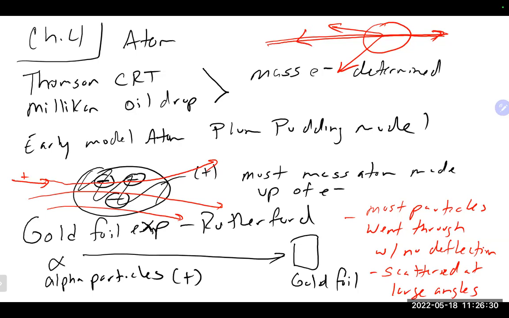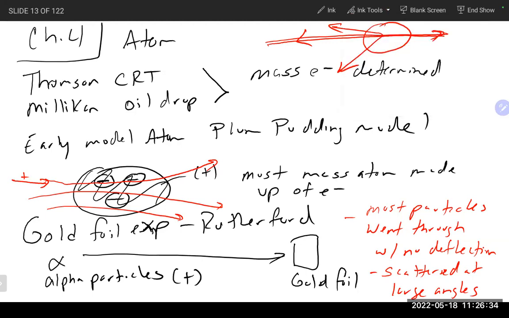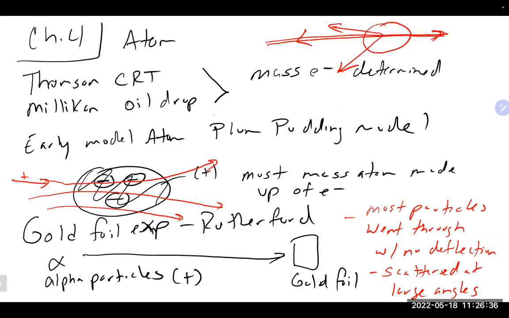So what that meant was he had to move away from the early model of the atom, do away with it, and come up with a new model of the atom where the atom is mostly empty space. And that accounts for why most of them just sailed through with no problem.